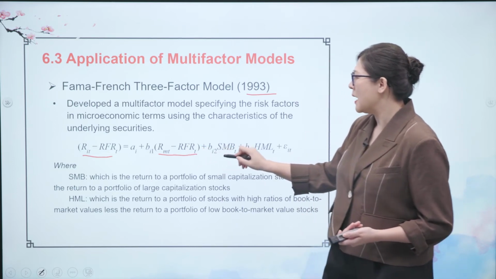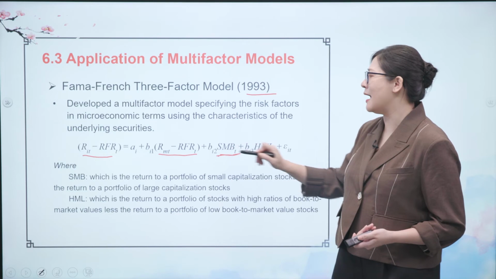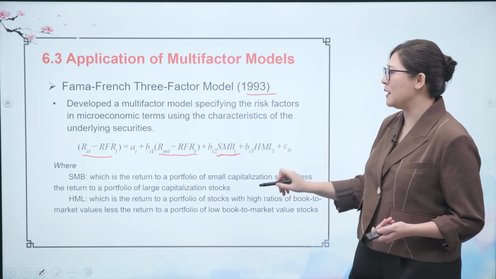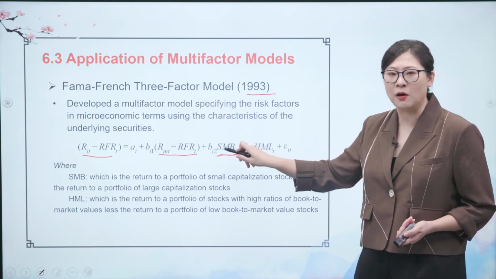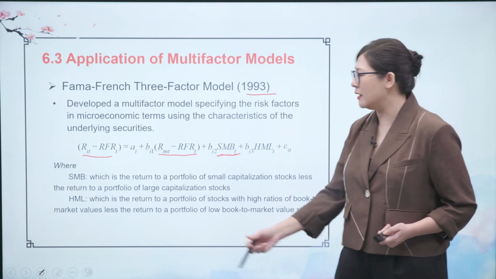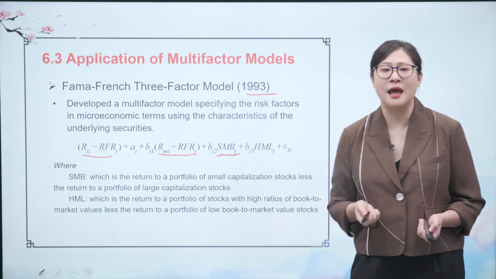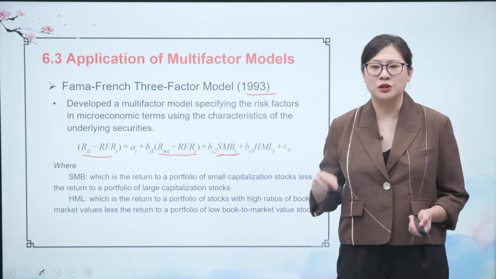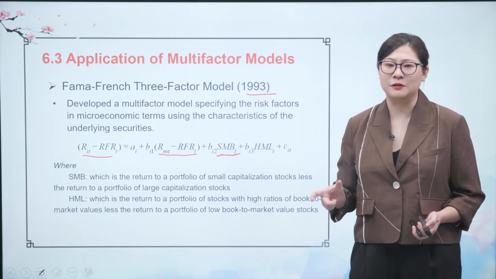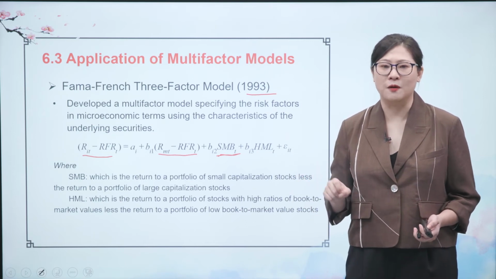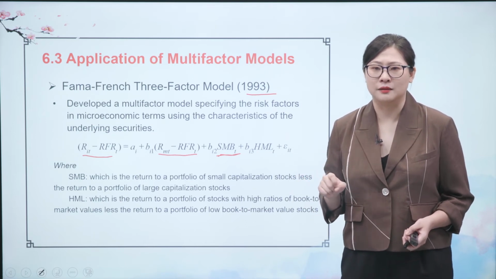And the second part is the SMB. So what's the meaning of S and B? This S means small, this B means big, M means minus. So here, let's have a look. The SMB is small minus big, which is the return to a portfolio of small capitalization stocks less the return to a portfolio of large capitalization stocks.